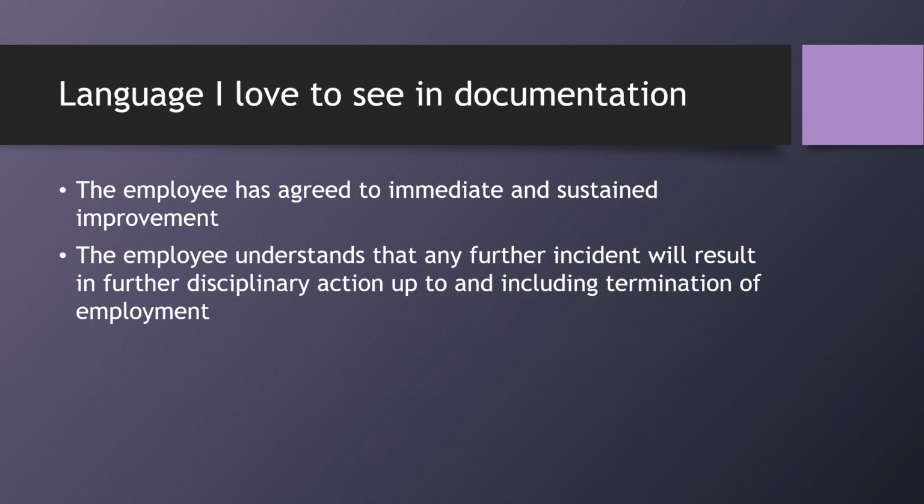The employee understands that any further incident will result in further disciplinary action up to and including termination of employment. I like this statement because I want the employee to understand that I expect sustained improvement, and if this continues to be a problem, the process will escalate. I don't like statements that say you will be fired because as a leader in the organization, as a manager, as a supervisor, I want the flexibility to not fire someone.